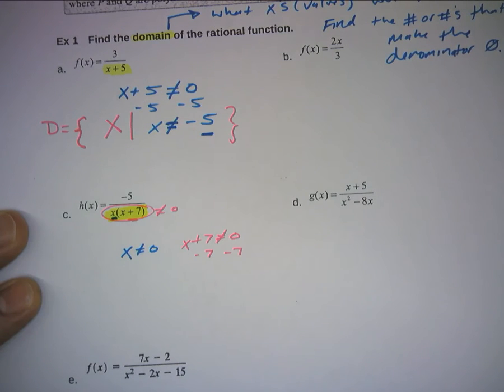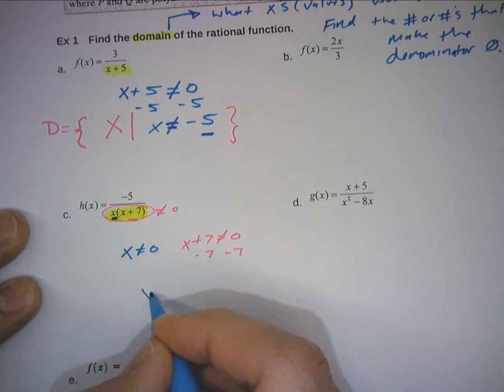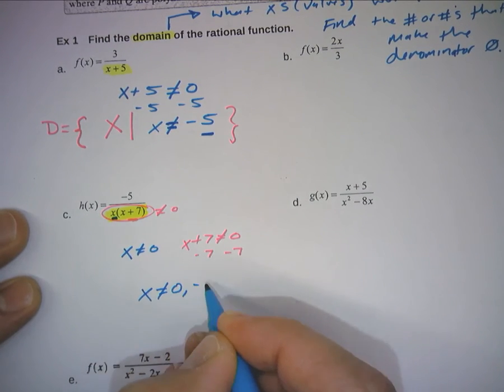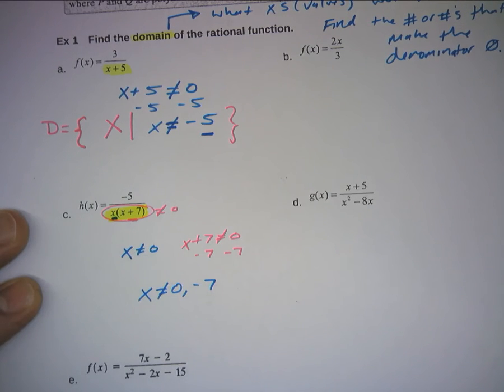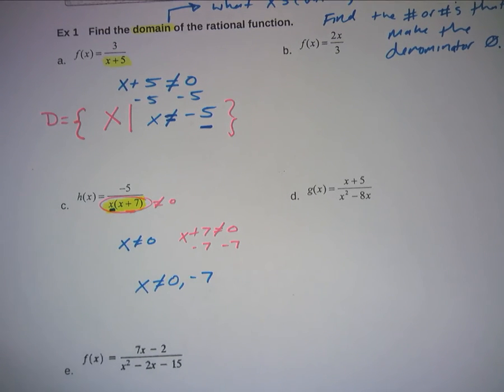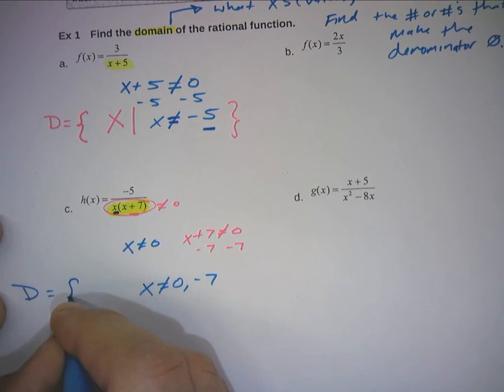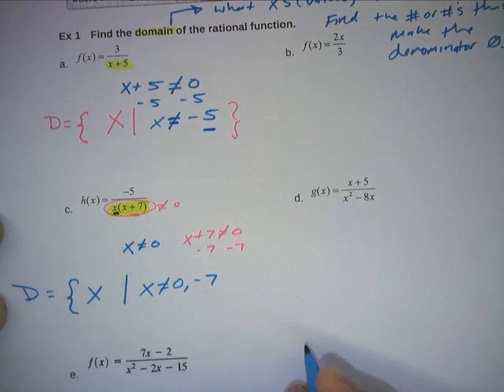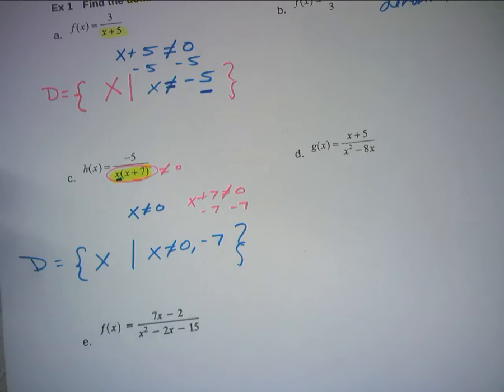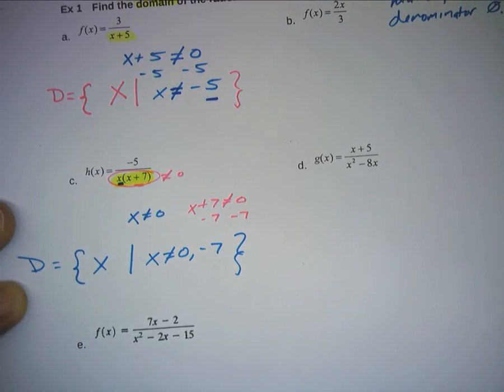Subtract that 7 over, and we get x cannot be 0 or negative 7. There are two values I cannot have for my x's, my domain. So domain is the set of all real numbers except 0, negative 7.